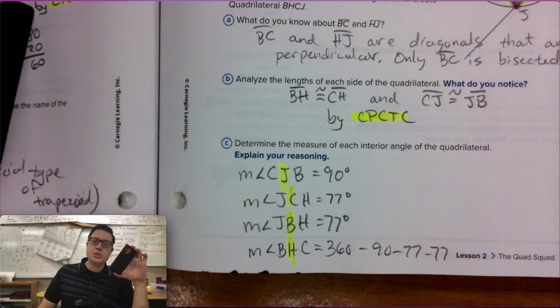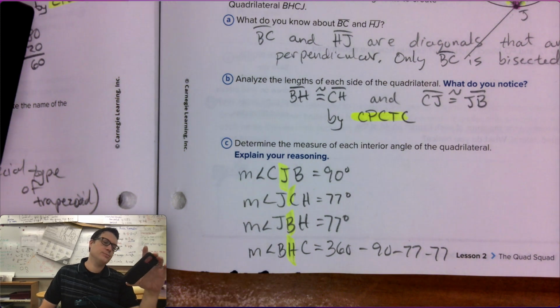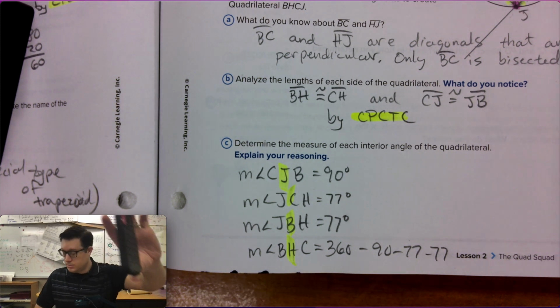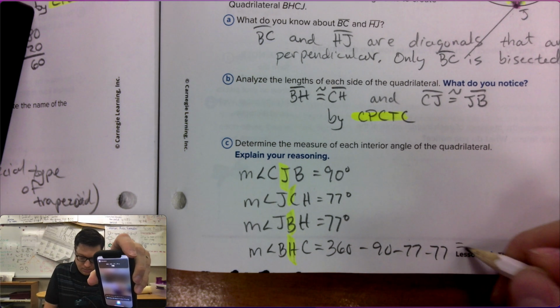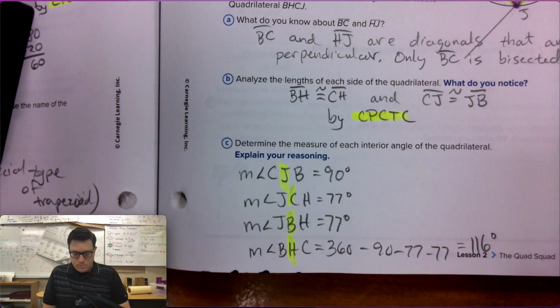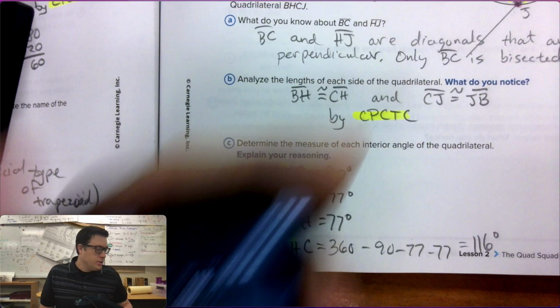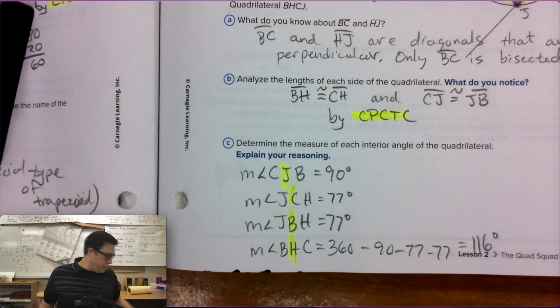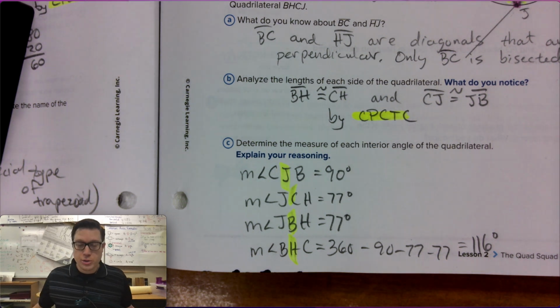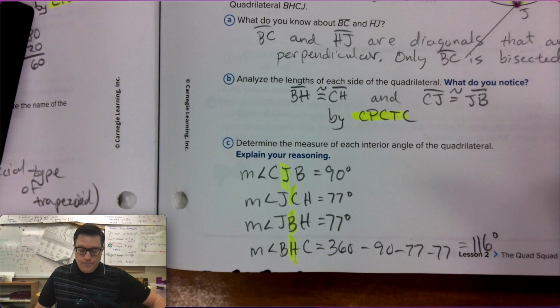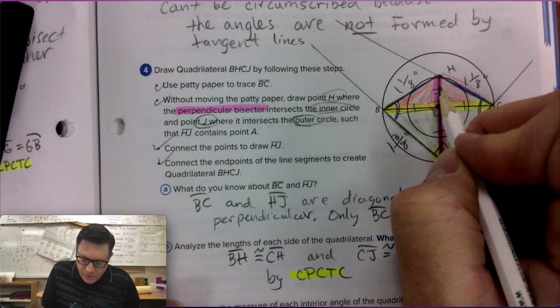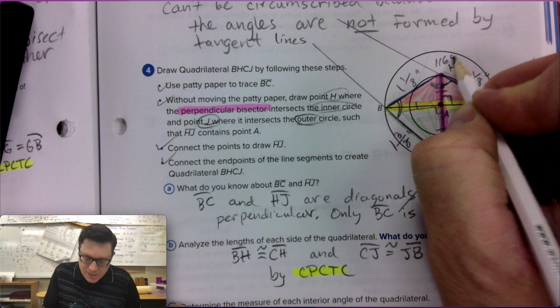Hey Siri, what's 360 minus 90 minus 77 minus 77? 360 minus 90 minus 77 minus 77 is 116. Thank you, Siri. So since that's the measure, you can absolutely, of course, get a protractor out and check it again, but you should be, apart from human error, able to confirm that this angle right here is 116 degrees.